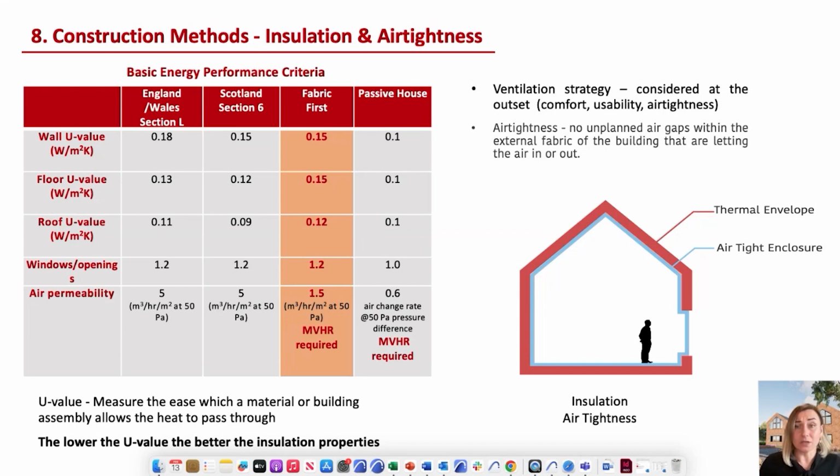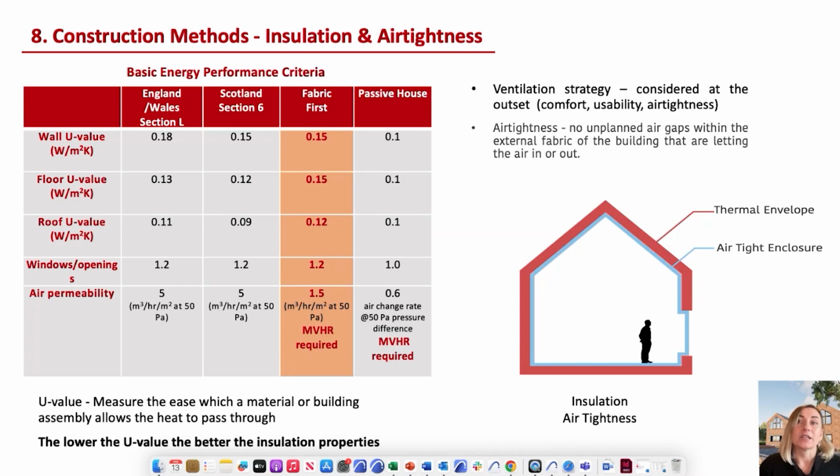So when considering the construction method, apart from specifying the high level of insulation and the buildup of the construction that will reduce the thermal bridges, you want to make sure that your building will be airtight to reduce any kind of air leakage and the heat loss through any gaps and cracks within the fabric of the building.